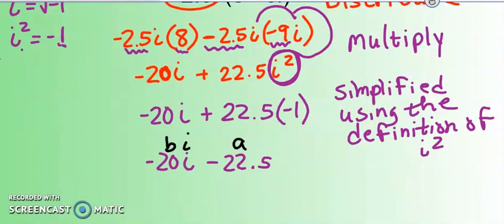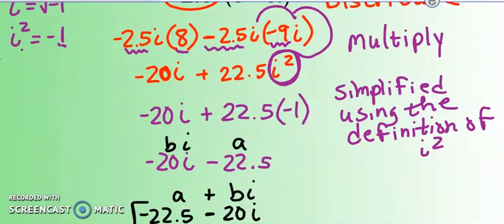So we write it as a plus bi, which means negative 22.5 minus 20i. And you know what? That's it. We just wrote that in the correct order. Done. That's the product. All right, so we have one more that we're going to do, and then we are done, guys.